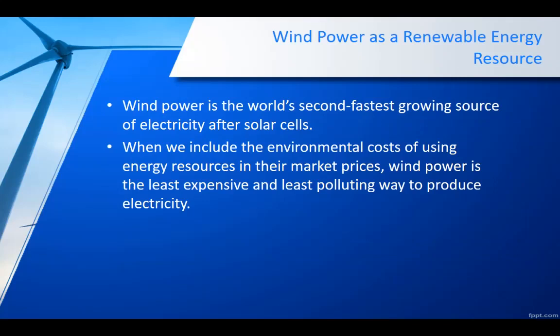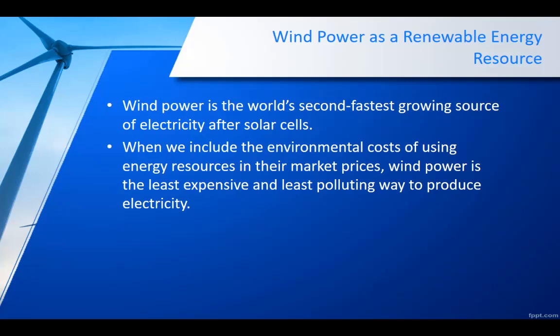When we include the environmental cost of using energy resources in their market prices, wind power easily becomes the least expensive and least polluting way to produce energy, which is why it's one of the more popular options in the renewable market. And it's much faster to ramp up, as I mentioned before, than what we would typically see in a hydroelectric plant or something along those lines.